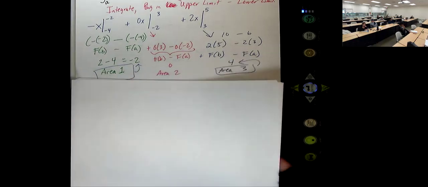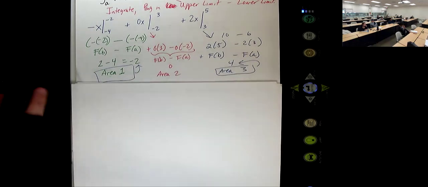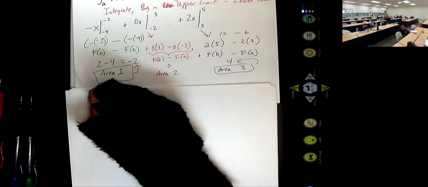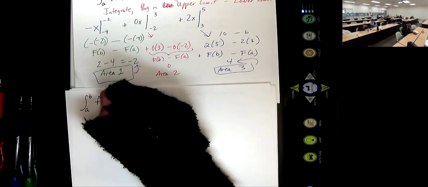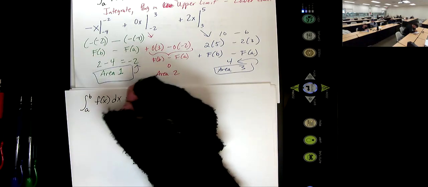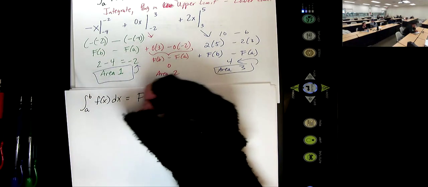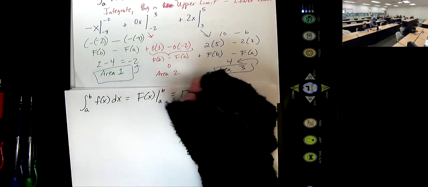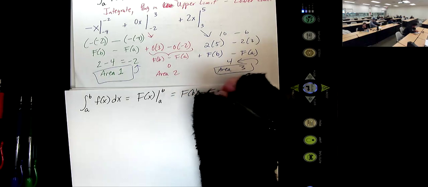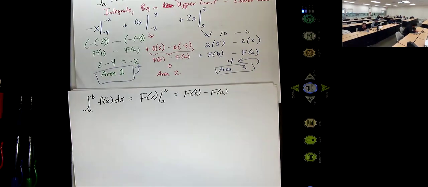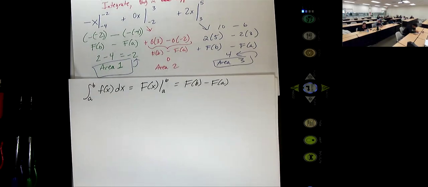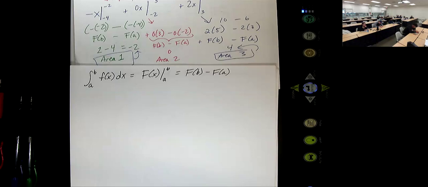I'm just giving you a sneak preview of where we're going. So I'll rewrite that rule we had, and when we write down the following properties, you'll kind of see that it's true.